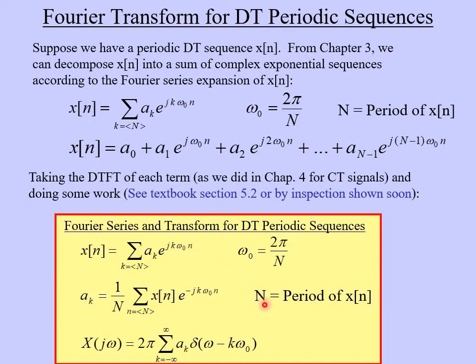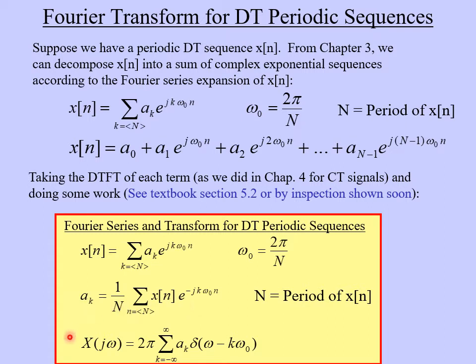Remember that uppercase N is the period of the sequence x of n, and omega naught, which is equal to 2 pi over N, is called the fundamental frequency of the sequence. This is expressed in terms of harmonics, which are just multiples of omega naught: omega naught, 2 omega naught, 3 omega naught, and so forth. The Fourier coefficients, again from chapter 3, are given by this result right here.